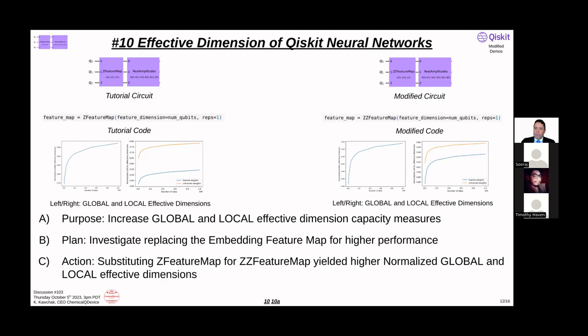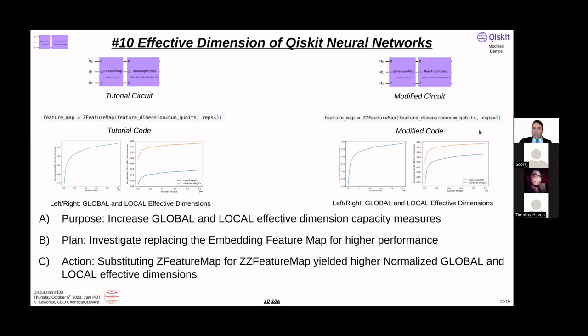When this was changed from the feature map, or the embedding layer, where the classical data goes to quantum, the global was increased, and you can see the axis is now from 0.93 instead of 0.86. For local, it increased significantly: it was 0.75 for the previous max, and this is 0.95.